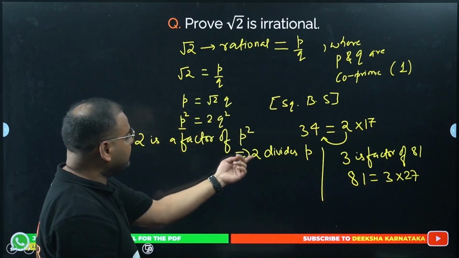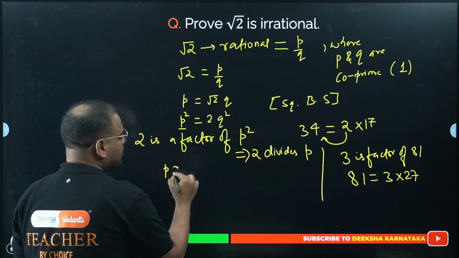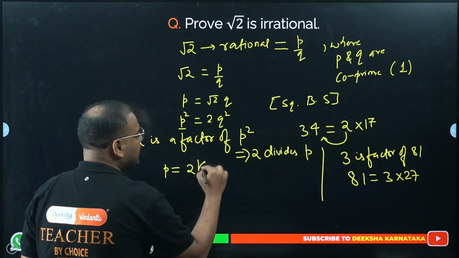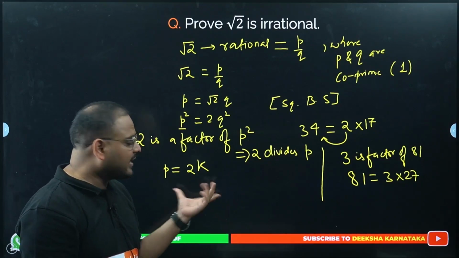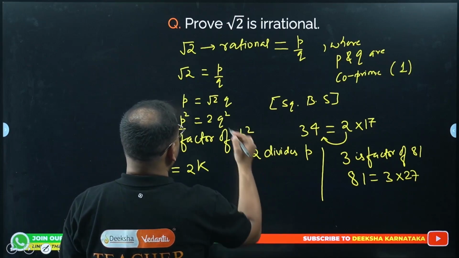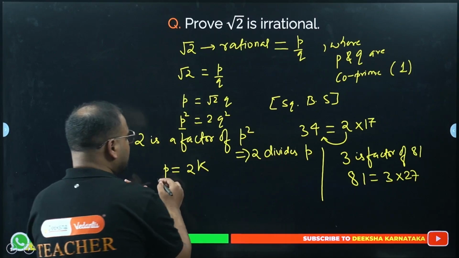So if 2 is a factor of p, then I can write p as 2k. For some value k, if I multiply 2 with it, I'll get the number p. Correct? Now let's take this to be our equation.